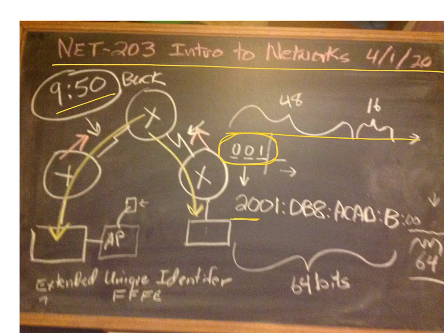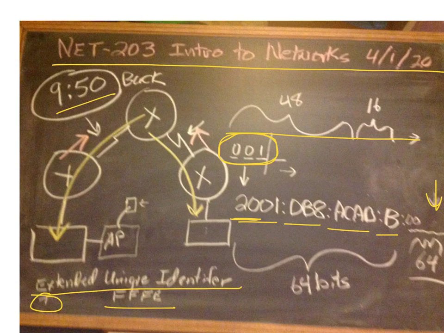That's why we get this 2 here at the beginning. Extended unique identifier adds this, adjusts bit 7, inverts it to give us this part of the address, right? So this is the network part, the first 64 bits, and then we have another 64 bits here for the interface.